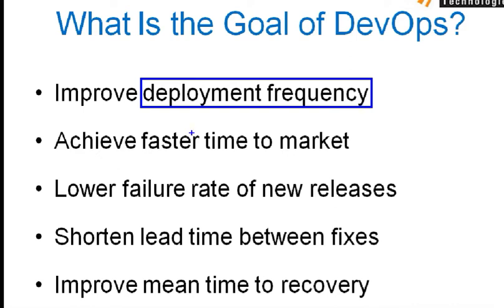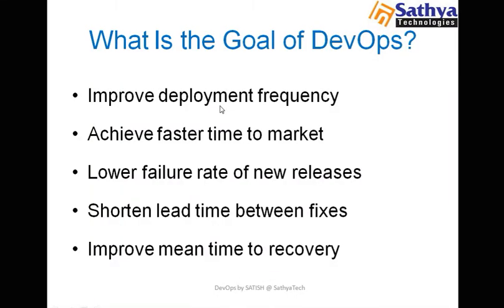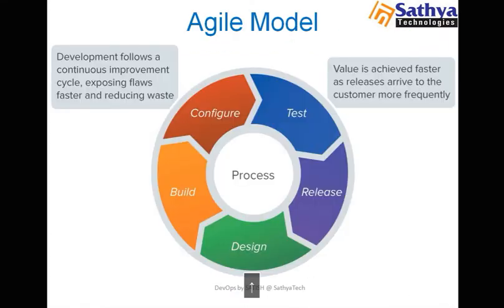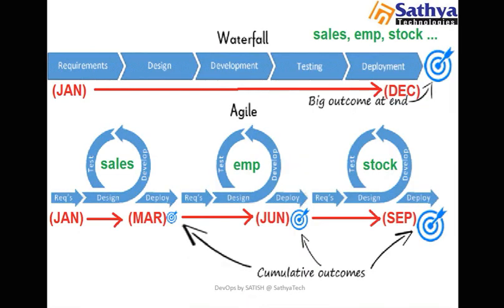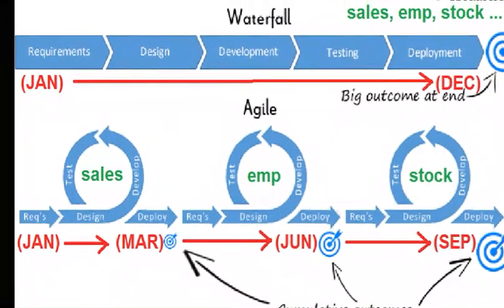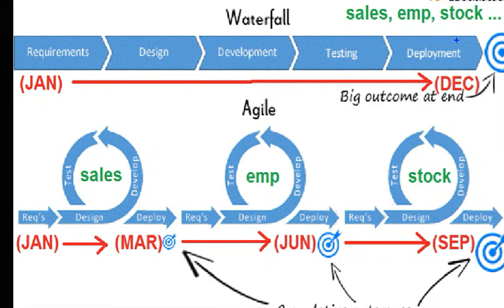In our earlier waterfall model, we had a single deployment, but in the Agile model, a project can have multiple deployments. So which one is preferable, a single deployment or multiple deployments? Definitely multiple deployments.